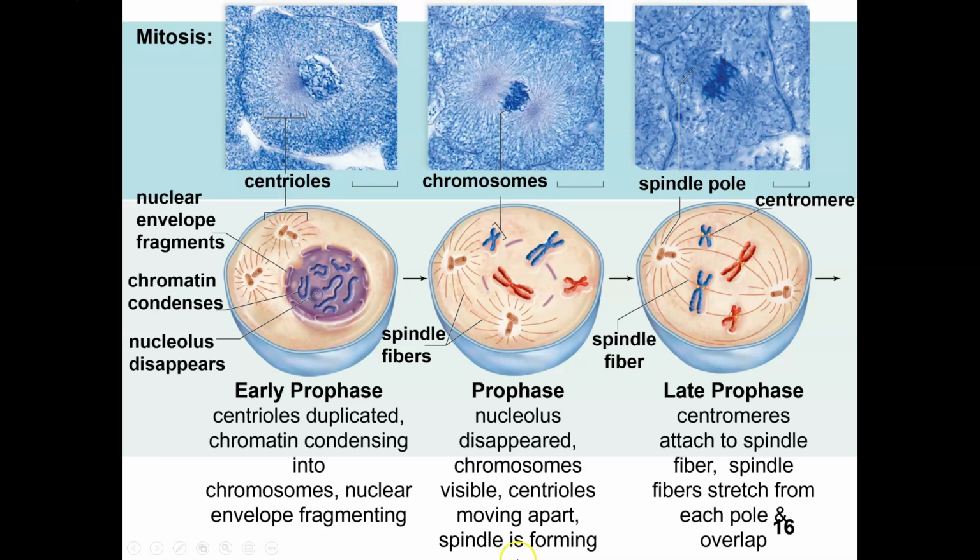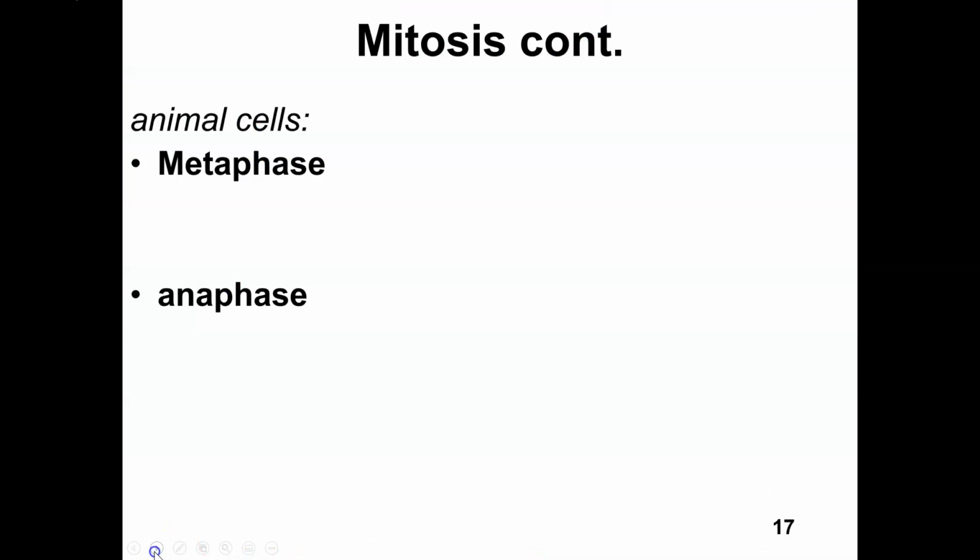So what is the next phase, you may ask? Metaphase is the next phase. So in metaphase, the chromosomes line up one on top of another. They line up at a region known as the metaphase plate.